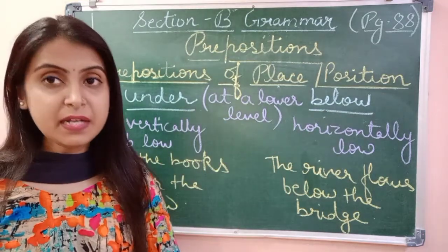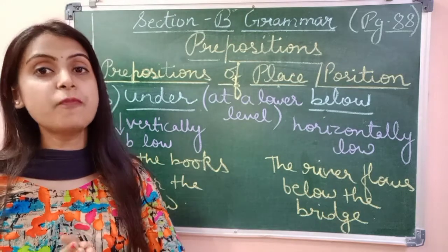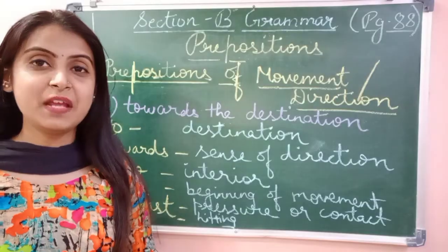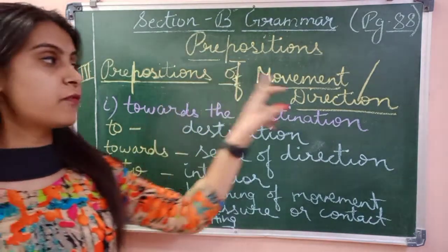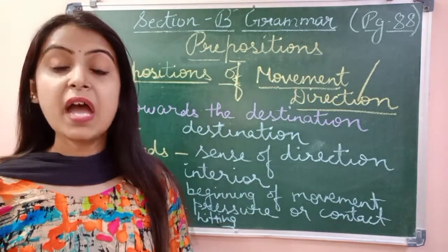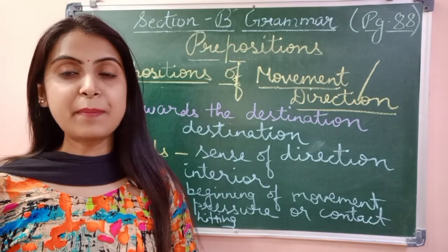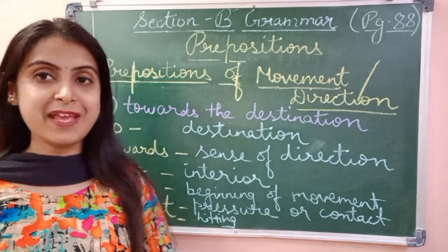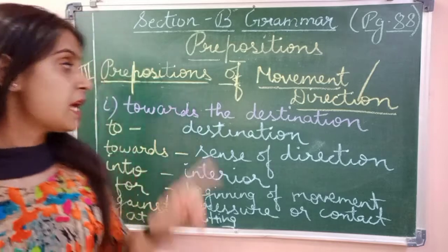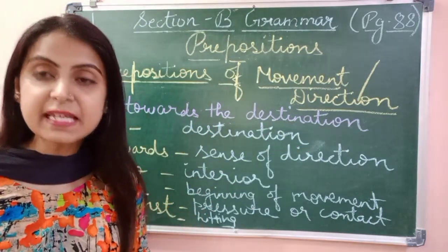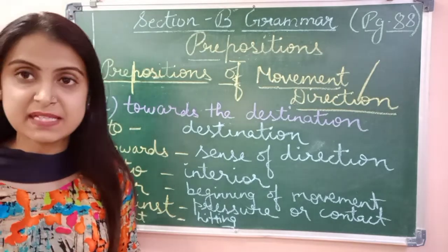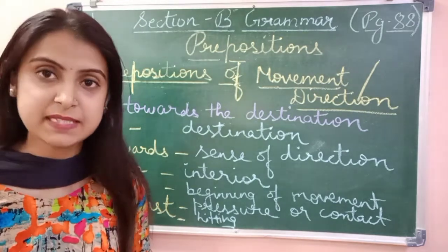So children, we are done with prepositions of place also. Now let us study the last type of preposition, that is prepositions of movement or direction. Children, we will learn prepositions of movement or direction under two categories. The first category, towards the destination, and the second category, away from the destination or back from the destination.